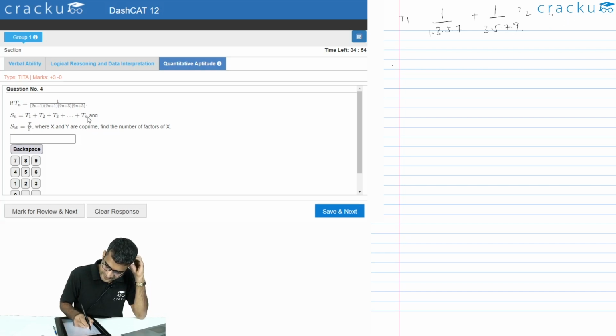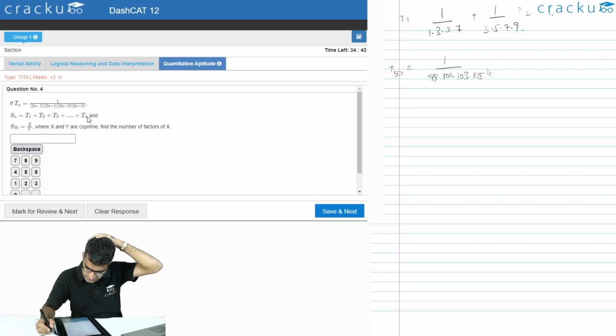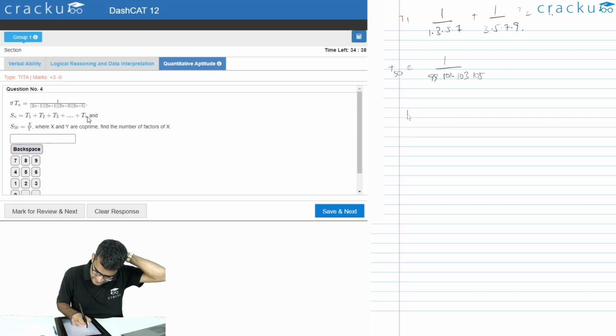T of 50 will be 1 by 99 into 101 into 103 into 105. This is the last one. This also should be possible. So this is T of 1 is equal to, just comparing these two, 1 by 6 into 1 by 1 into 3 into 5 minus 1 by 3 into 5 into 7.